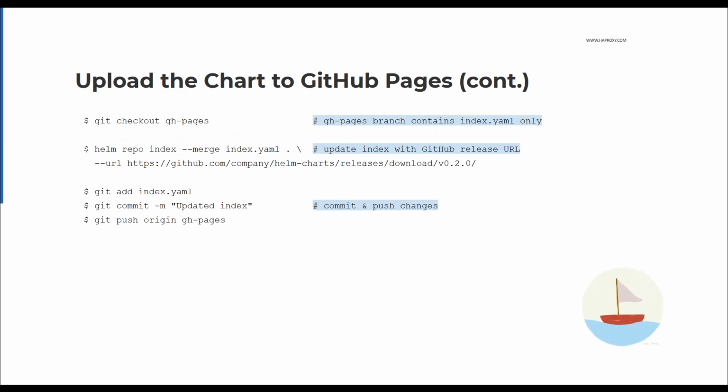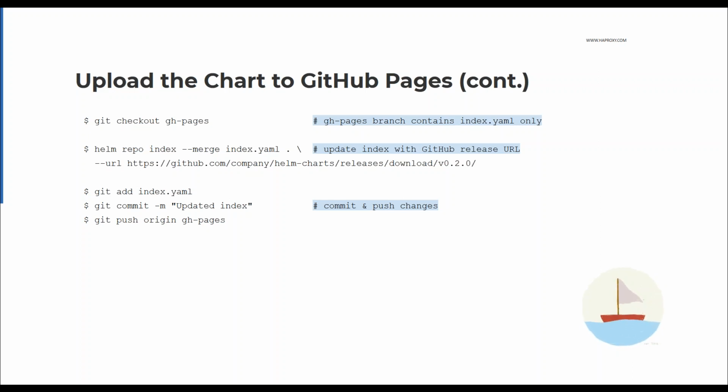The next thing you want to do is upload the chart to GitHub Pages so that it's available for other people to actually download and use. GitHub Pages is something that GitHub offers for free. It creates a web page based off of a repository.